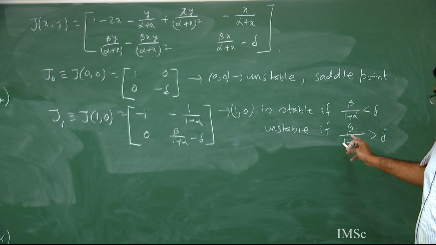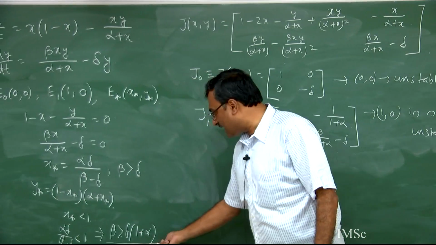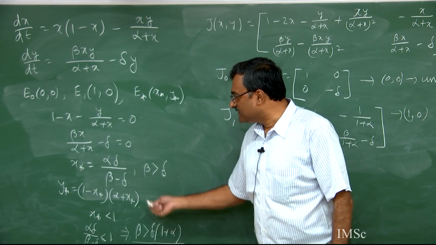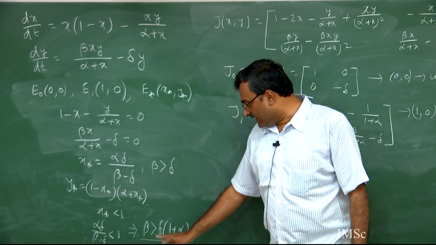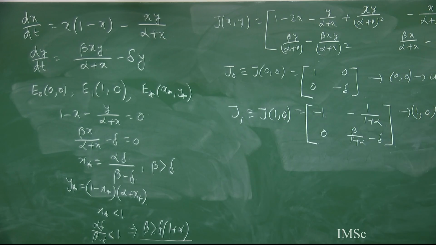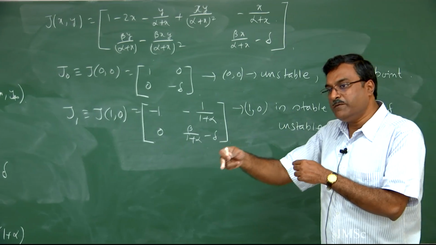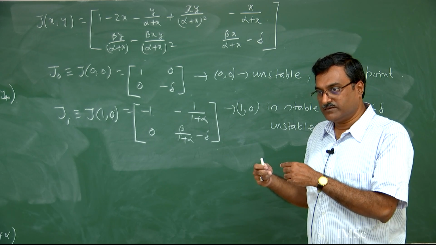And now you can verify that beta greater than delta into 1 plus alpha is the parametric restriction required for the feasible existence of (x star, y star), and under this restriction this (1, 0) is unstable. So whenever the interior equilibrium point exists, then (1, 0) is unstable.